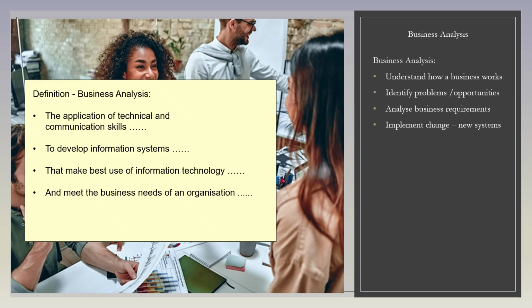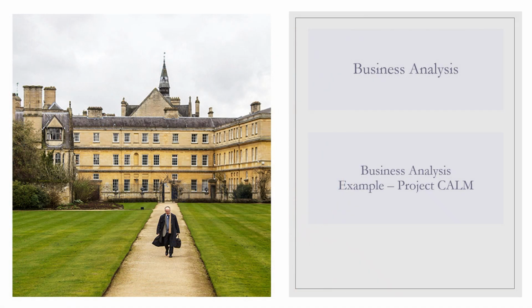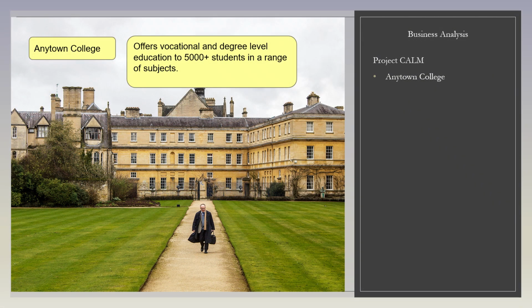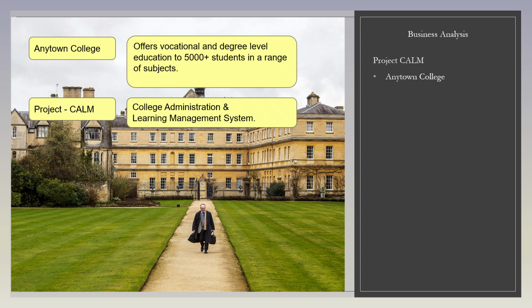So I'll be demonstrating what this definition of business analysis means for you in practice. Imagine that you are part of a project team working at Anytown College, and the project is to develop and implement a new college administration and learning management system.